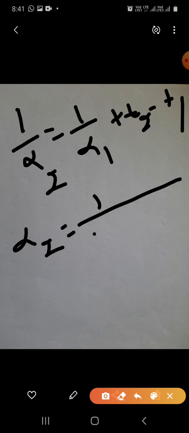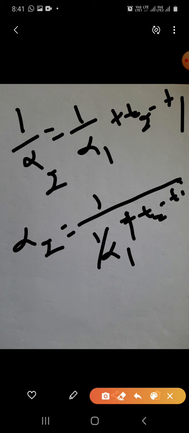So when I write alpha 2, it will be 1 by alpha 1 plus T2 minus T1. Okay, clear?